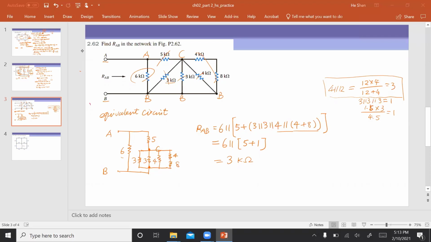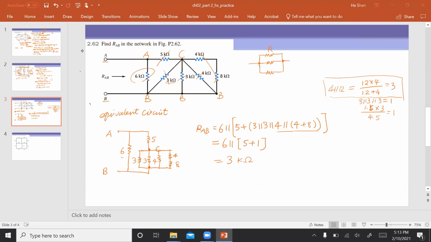So that is just a special case. Actually, you can derive the conclusion pretty easily. Think of you have 3 resistors like that, and each resistor has a value of R, R, and R. What is the total resistance?